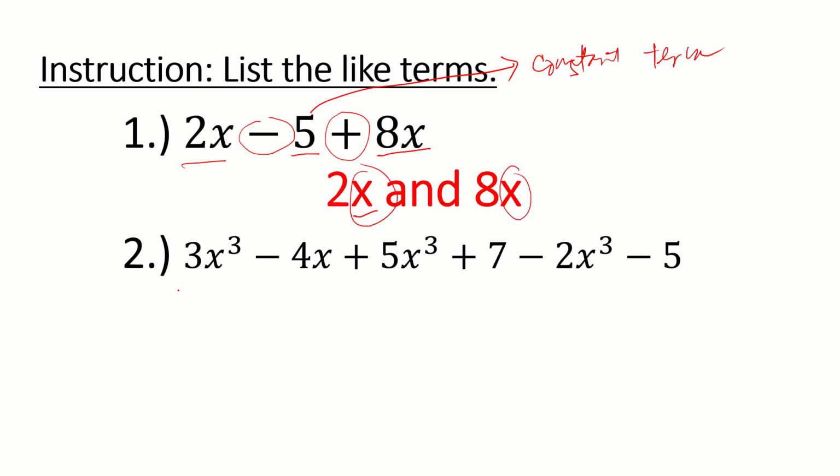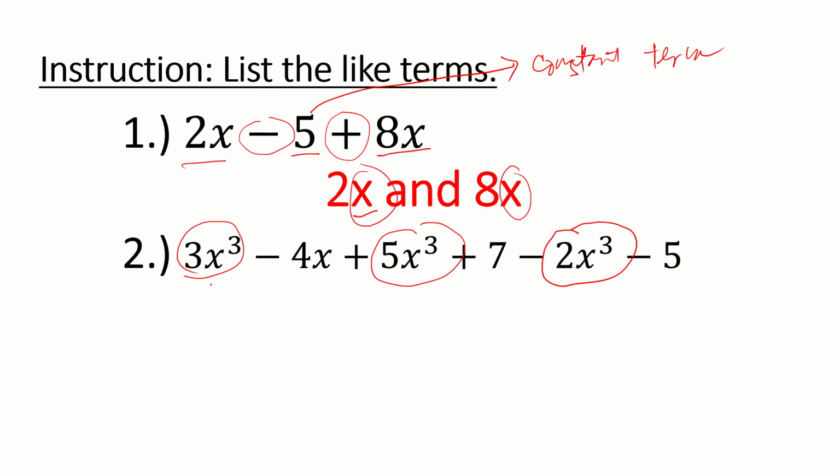Now let's have number 2. 3x cubed minus 4x plus 5x cubed plus 7 minus 2x cubed minus 5. Okay, very good. The answers are 3x cubed, 5x cubed, and this one, you can think of it as positive or negative 2x cubed.